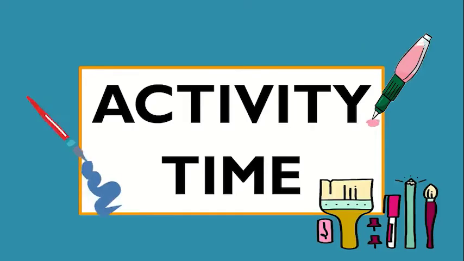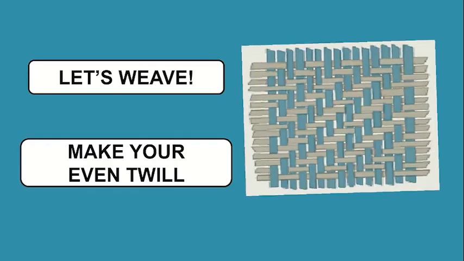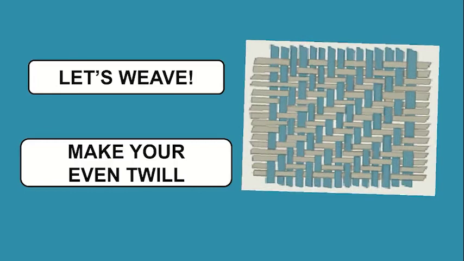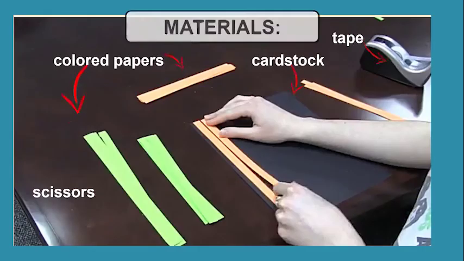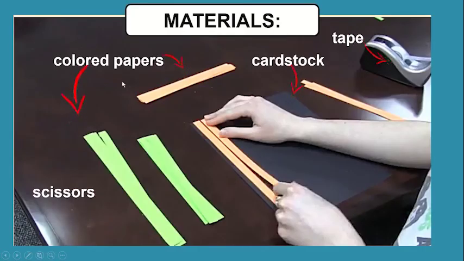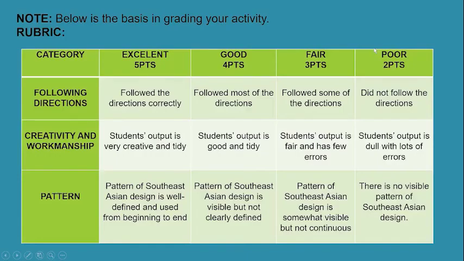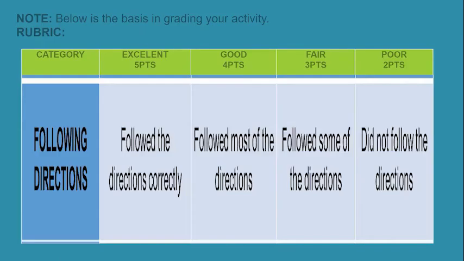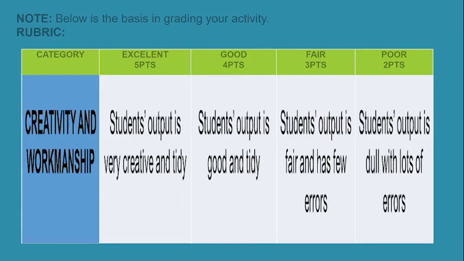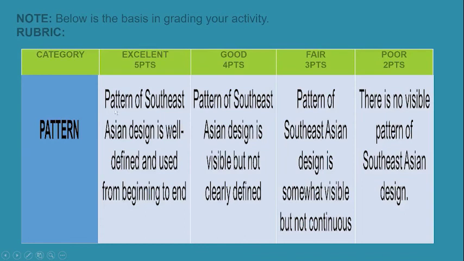Let's move on to our activity. Today we'll be making even twill. You'll be needing scissors, colored papers, cardstock, and tape. Here's our rubric. You can get the highest score if you follow the direction correctly, if your output is very creative and tidy, and if your pattern of Southeast Asian design is well defined and used from beginning to end.